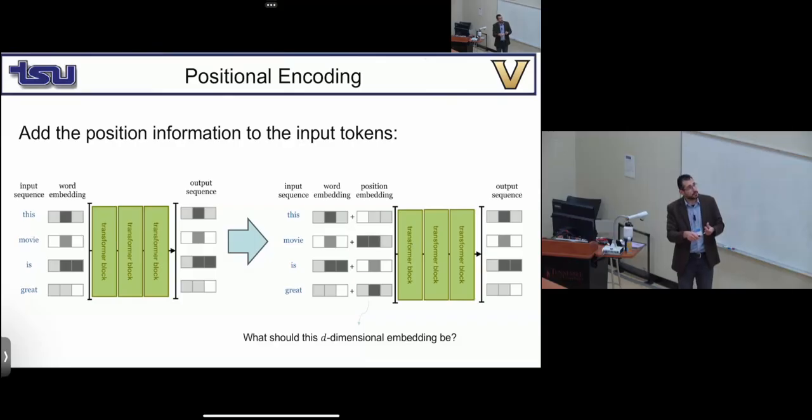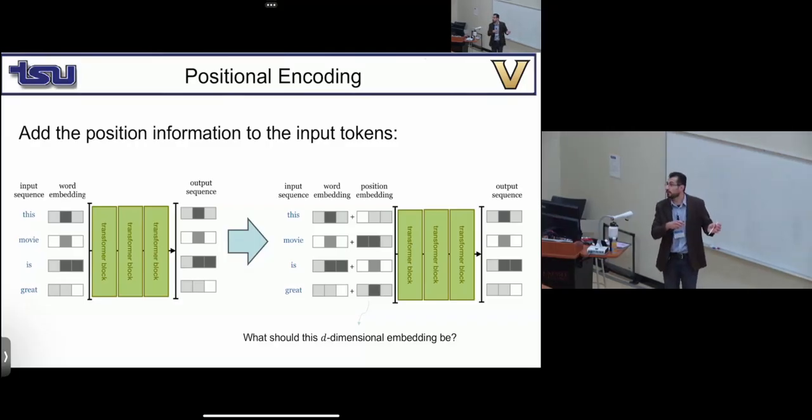So now, even though this network remains permutation equivariant, if I permute the input words, my output is not going to be permuted. Why? Because the addition of the location has not changed. If I permuted everything, my output would be permuted as well. But because these locations are fixed and not permuted, this becomes a not permutation equivariant model with respect to the input sequence, with respect to the input words. Okay, so this is the idea.